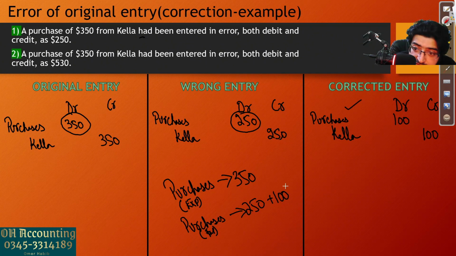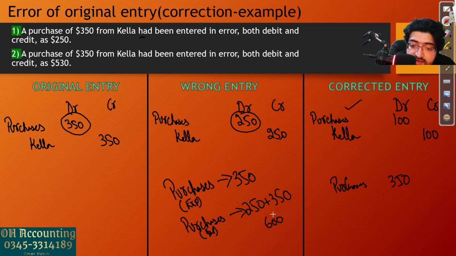Okay? If I recorded it as purchases 350 in the corrected entry, purchases 350, that would be wrong. Why? Because I have already recorded purchases as 250. If I furthermore record it by 350, purchases figure will be wrong. It will become 600. Were purchases 600 in the original entry? No. Okay?